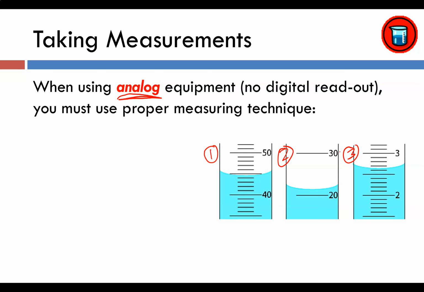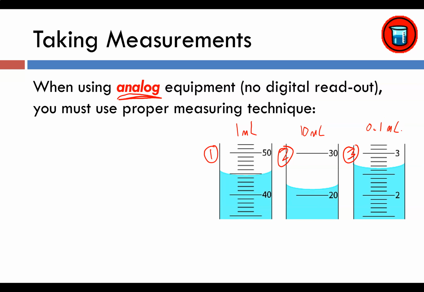Each of the tick marks on graduated cylinder 1 represents 1 milliliter. Graduated cylinder number 2, each line represents 10 milliliters. Graduated cylinder number 3, there are 10 of them in between, so it's 1/10 of a milliliter.